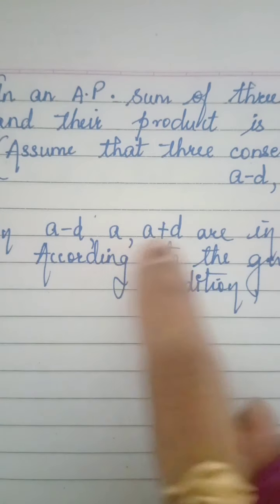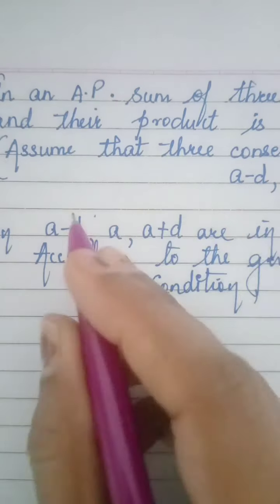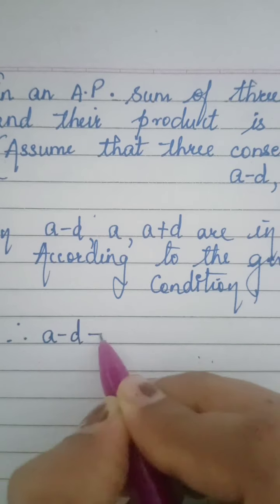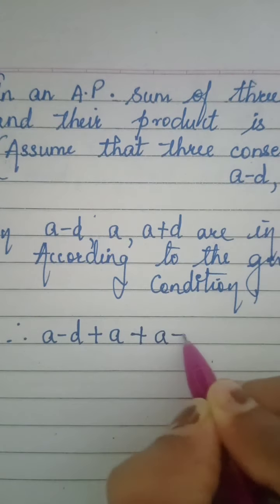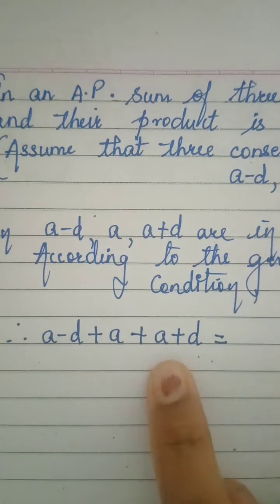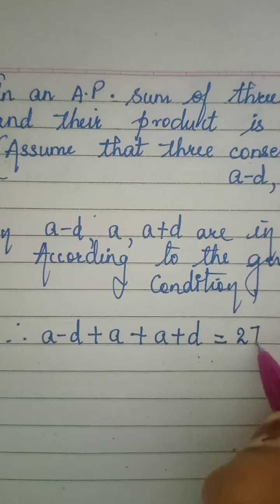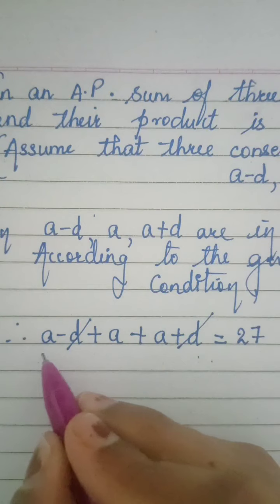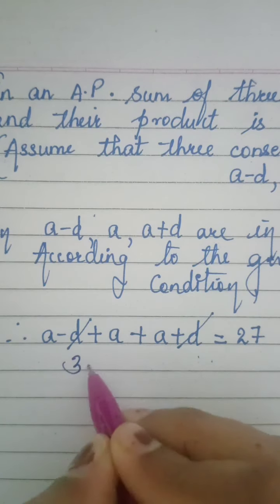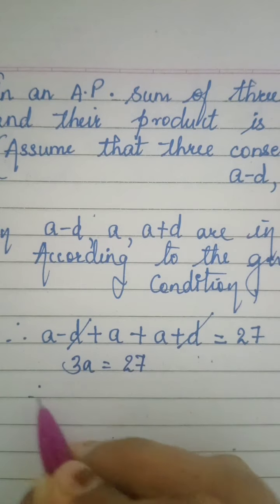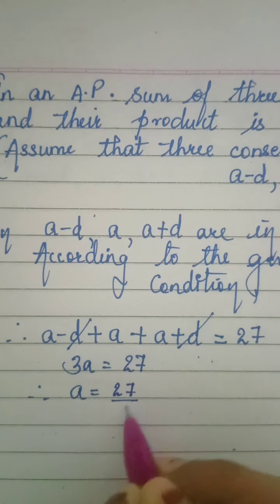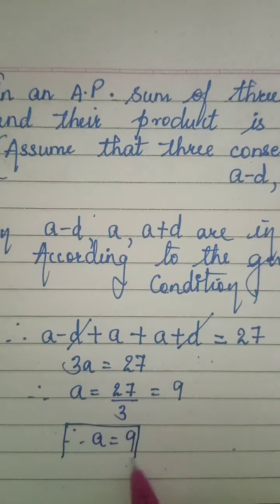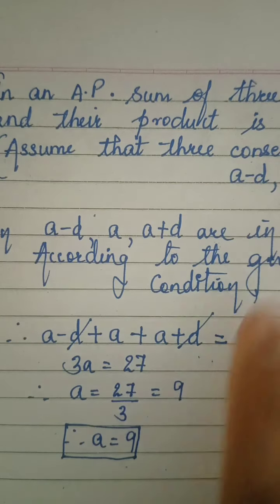A minus D, A and A plus D. So sum means you will add all this. Therefore, add A minus D plus A plus D, and what is the sum of 3 terms? 27. Minus D plus D will get cancelled. A plus A 2A, 2A plus A 3A is equal to 27. So therefore A will be 27 upon 3, which is equal to 9. So we have A is equal to 9. Highlight it. From the first condition we got A.